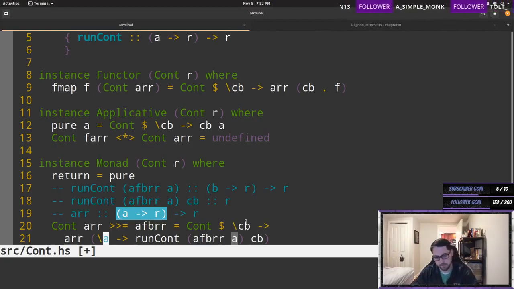It's definitely tricky. I keep saying manufacture an A. That's not what you're doing. You're just threading through this continuation.